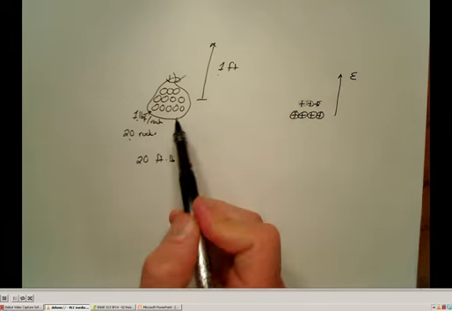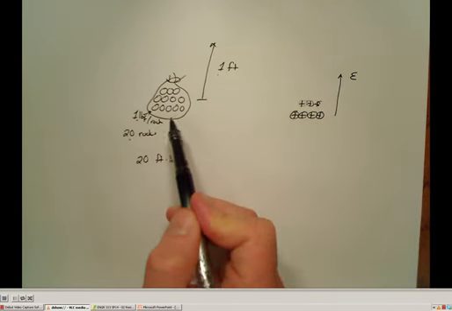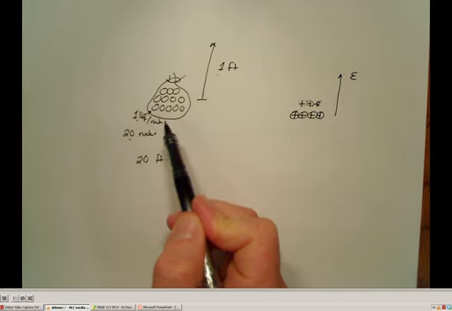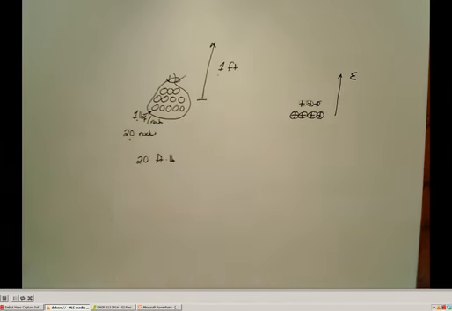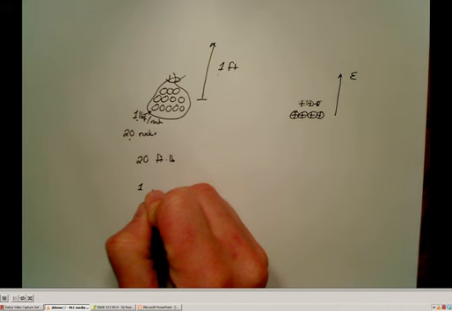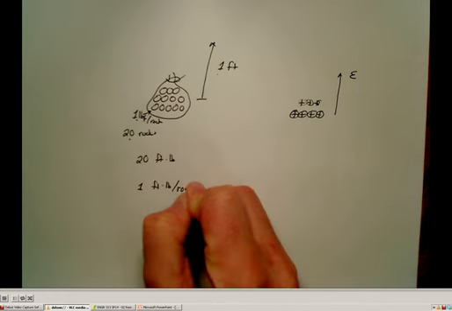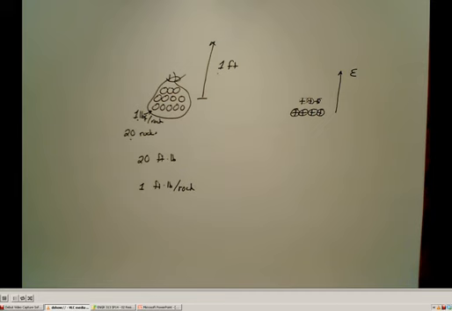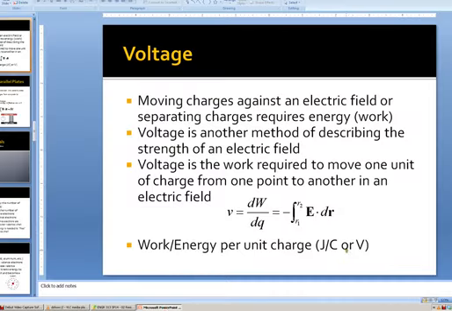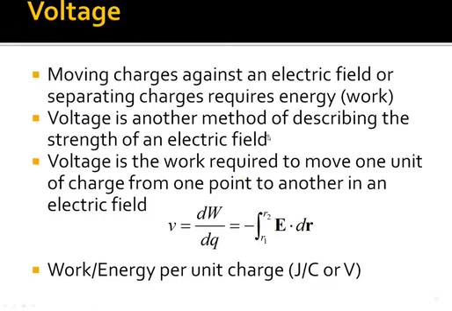That's like saying how much work has to be done per unit rock in this bag. So the analogy to voltage would be that we have to apply 1 foot-pound of force per rock to move the entire bag of rocks up 1 foot. And so voltage is an expression of the potential energy, or the energy that we need to put into a system to move the charges per unit charge.